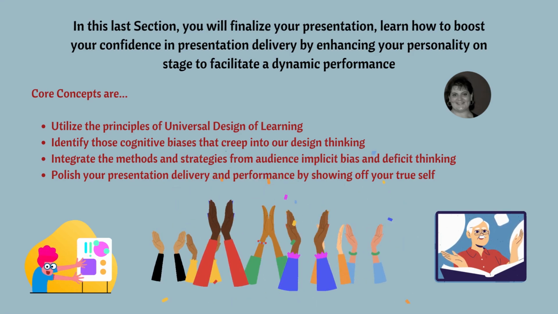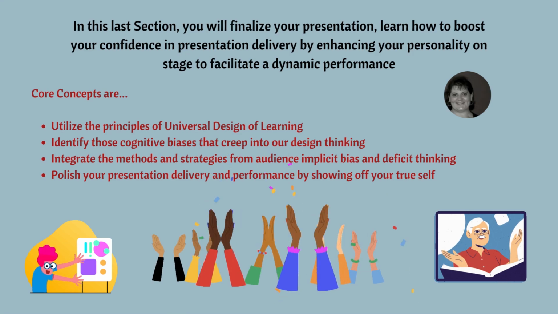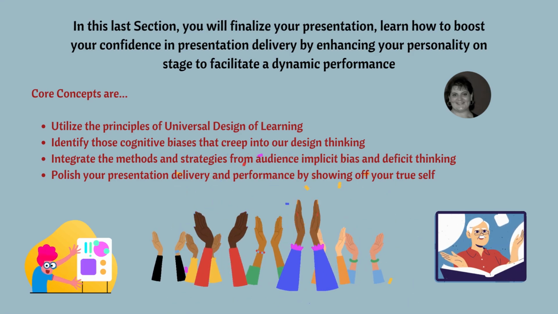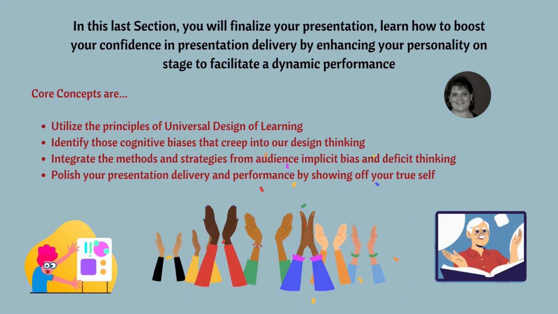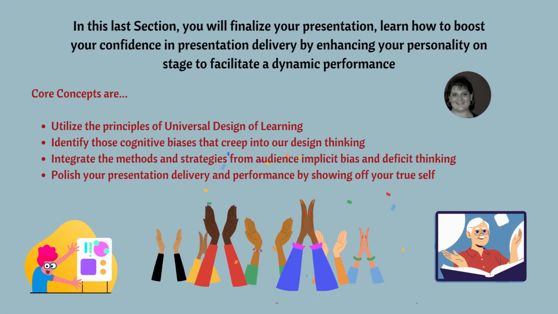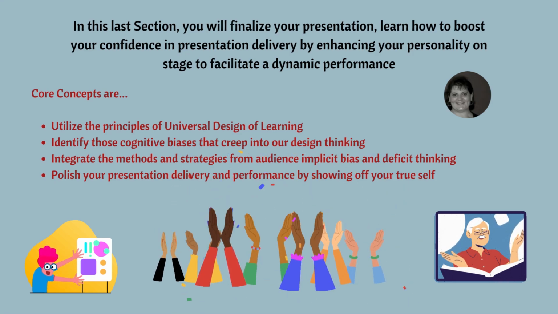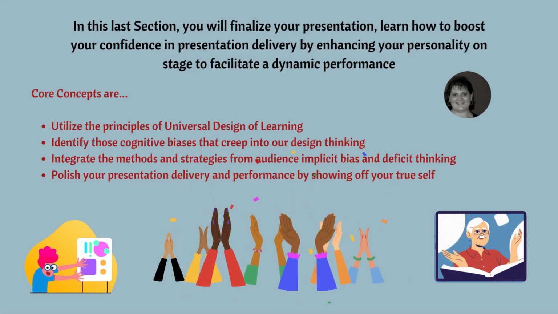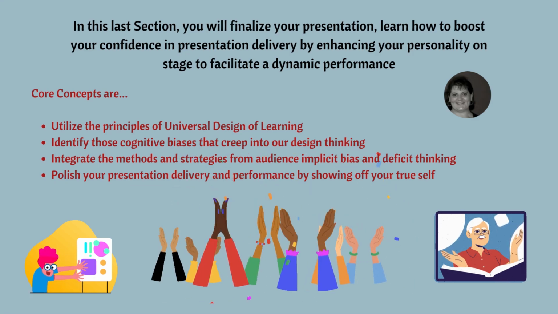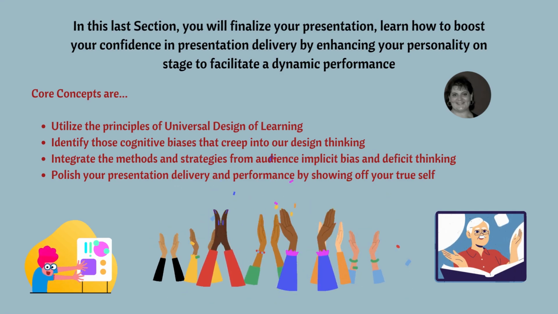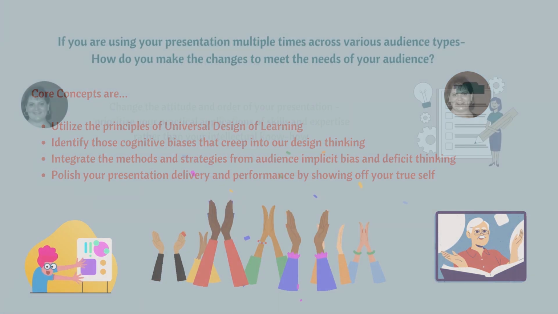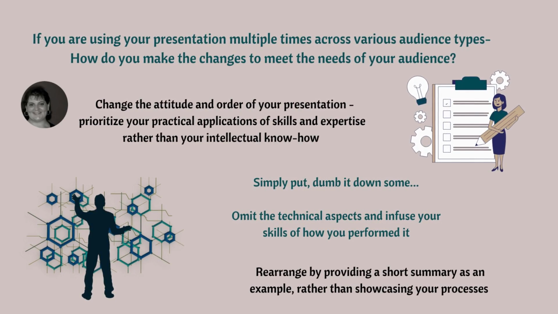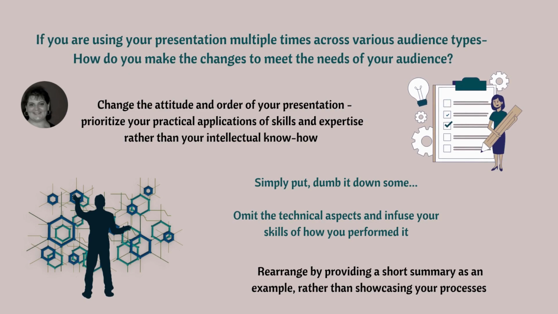Now, using all of the materials from the course, the core concepts of Section 5 are utilizing the principles of universal design of learning, identifying those cognitive biases that creep in our design thinking, integrate the methods and strategies from audience implicit bias and deficit thinking, and lastly, to polish your presentation delivery and performance by showing off your true self.